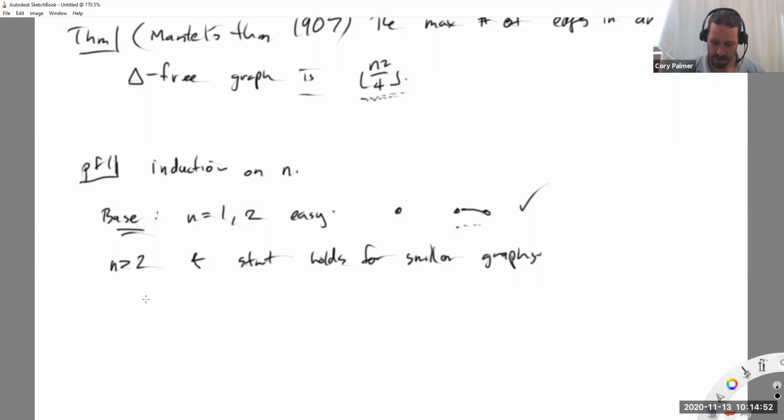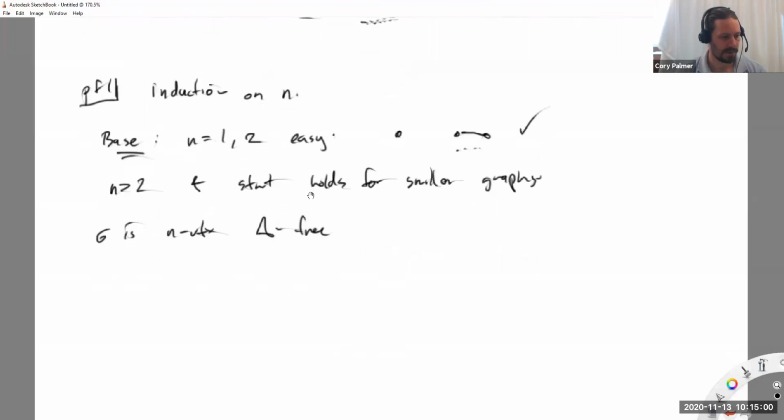Okay, so let's look at G, which is n vertex, triangle free, and let's look at an edge in that graph. Let xy be an edge of G. Technically we have to know that an edge exists, but if there's no edge in the graph, then we have 0 edges, and the bound is satisfied, right? So there should be an edge.